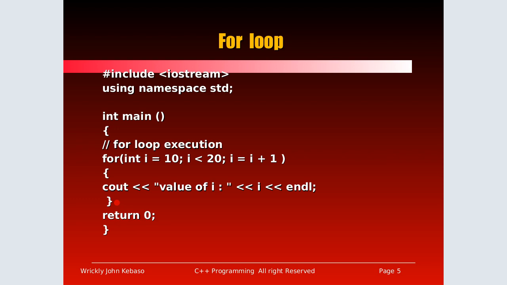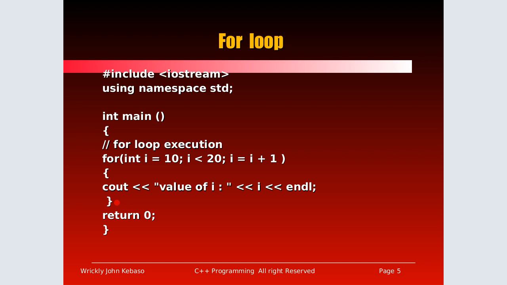The insertion operators for cout are two less than signs. Why I'm saying this is because we also have cin, which has its own different insertion operators. So the two must follow the cout keyword.